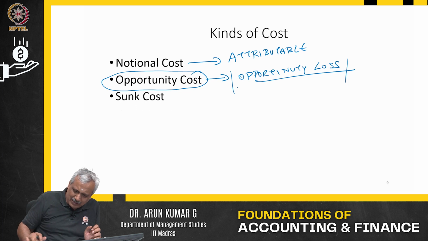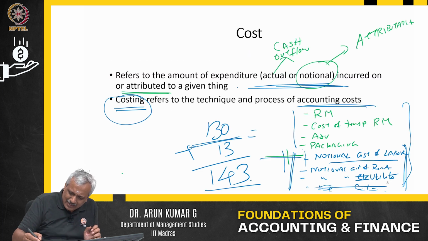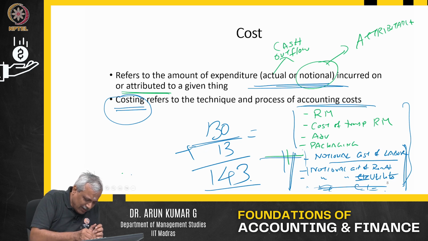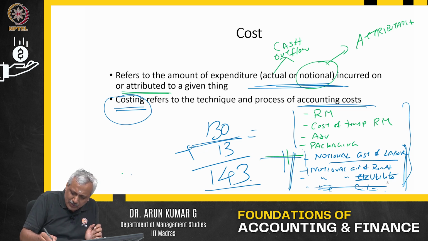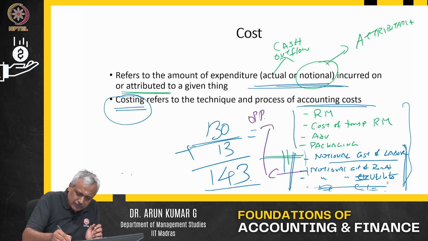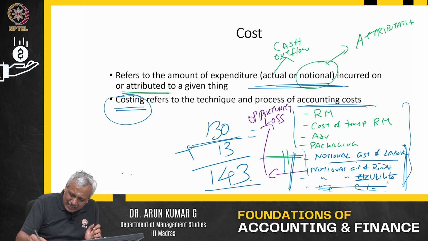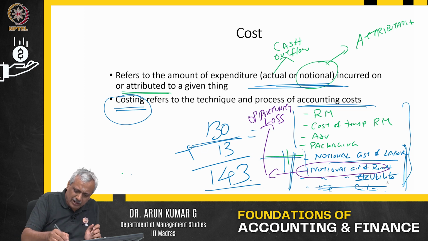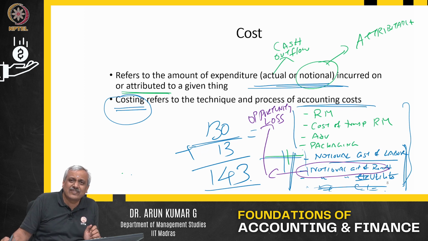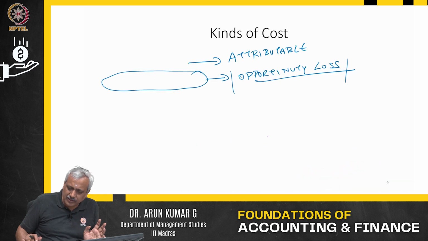The rent of the space will not be notional; it will become the opportunity loss. Only if there is an opportunity loss will I consider the opportunity cost. Otherwise, I will consider only the notional cost.